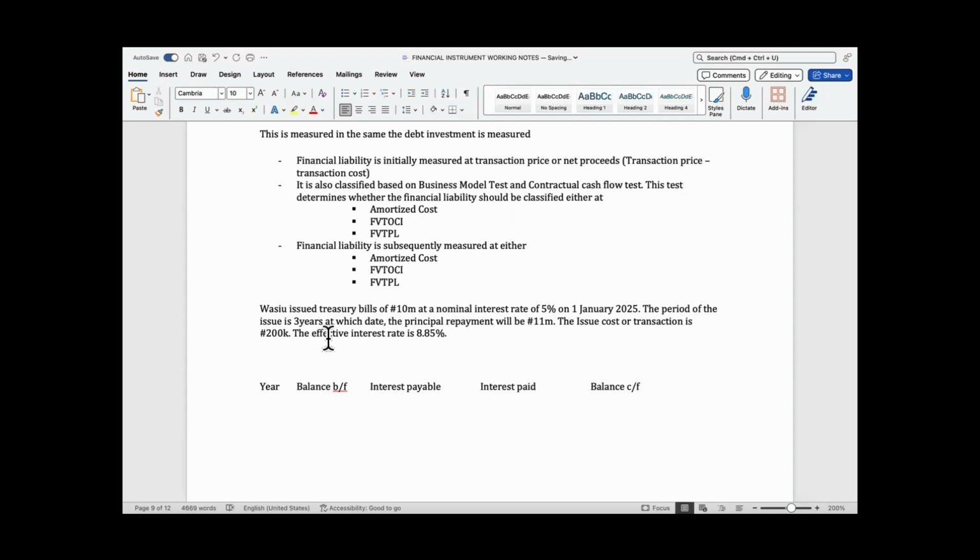So all of this will be in currency. Let's say the interest payable will be the 8.85%. This will be 5%.